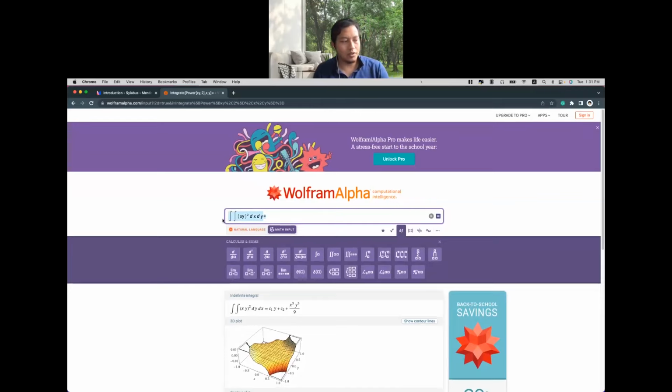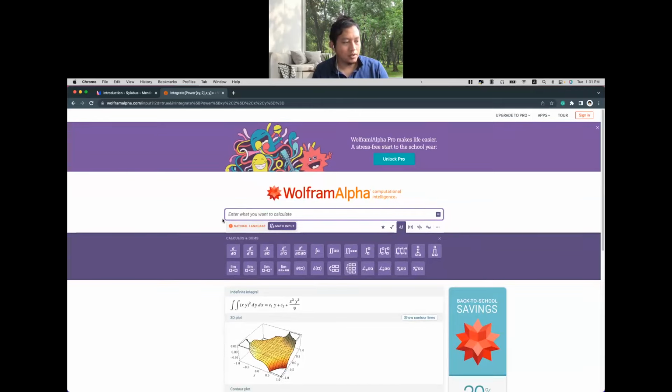You can ask, for example, the integration of, and then you write the function. This is also fine. 2x^4 + 5x - 8.